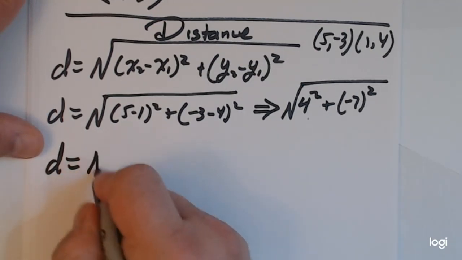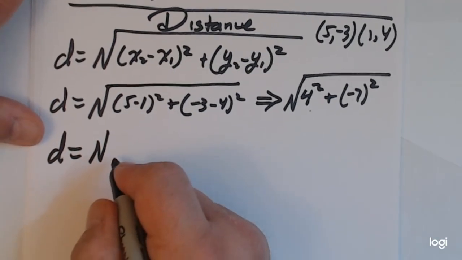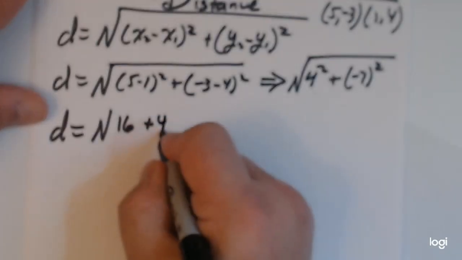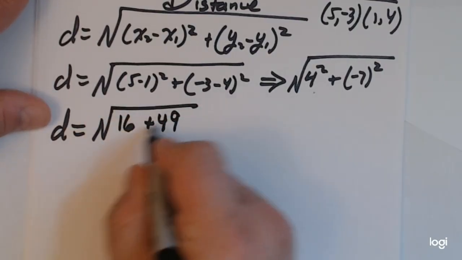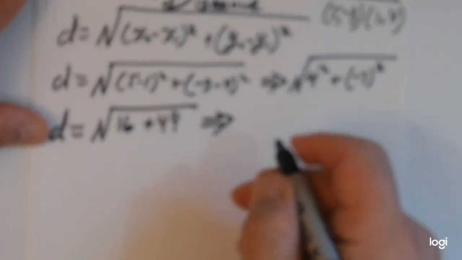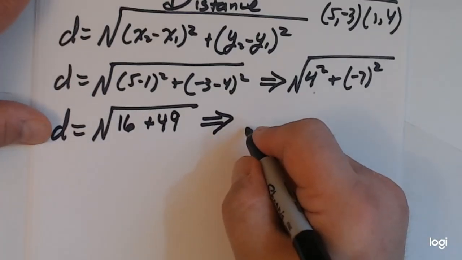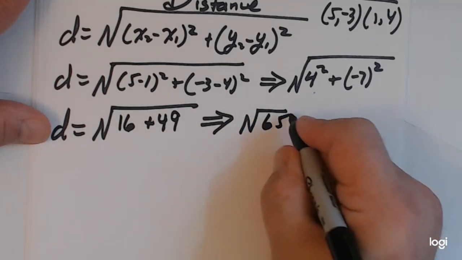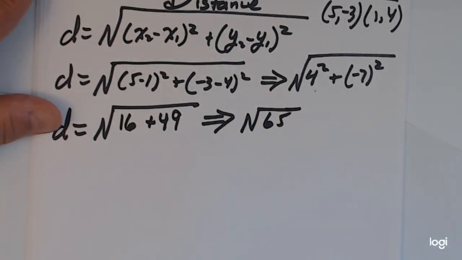So d is equal to the square root of 16 plus 49. If my arithmetic is correct, it's equal to the square root of 65. And since we can't do very much with 65, we need to leave it that way. So that's the distance, the square root of 65.